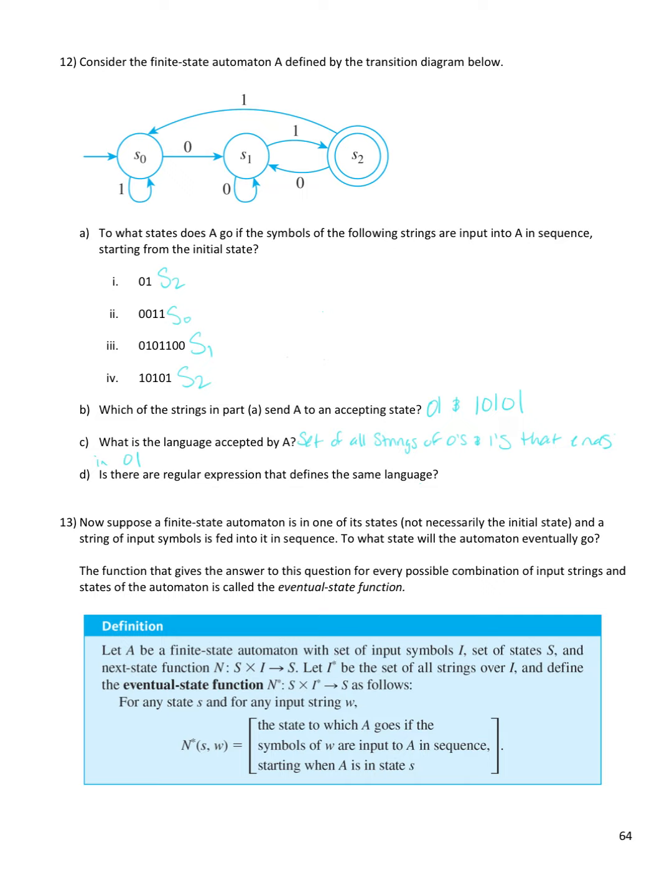Is there a regular expression that defines the same language? Remember the regular expressions were concatenation, star, and the vertical line for or. So I want to express the set of all strings of zeros and 1s that ends in 0, 1.